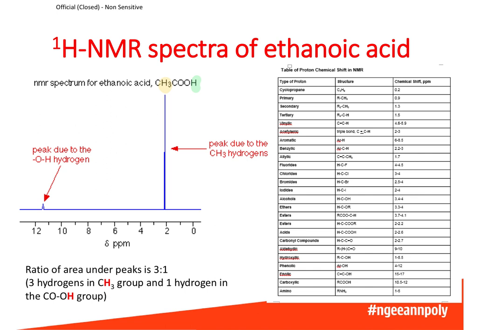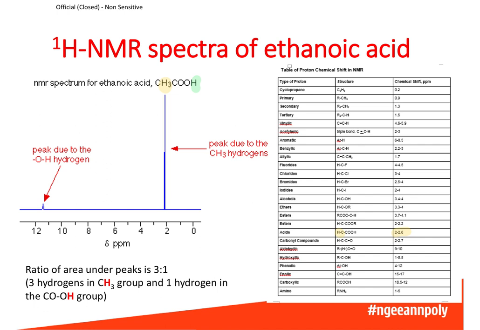Let's take a look at the table to see what chemical shifts we can expect for the CH3 hydrogens. For carboxylic acids, the hydrogen bonded to the carbon next to a COOH group would have a chemical shift of 2 to 2.6 ppm. We can see that the chemical shift on the NMR spectrum is consistent with this range.